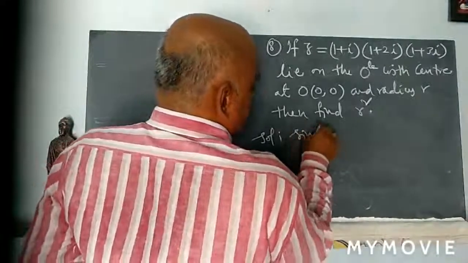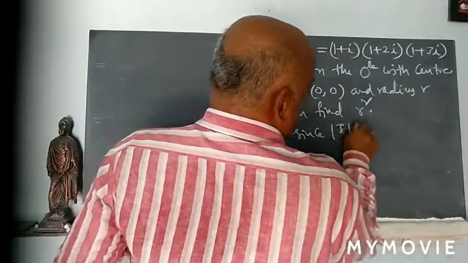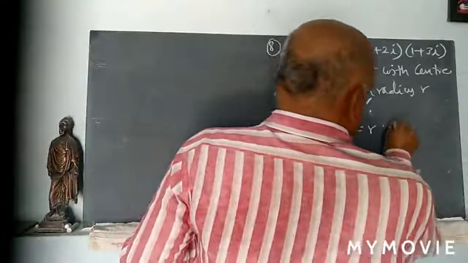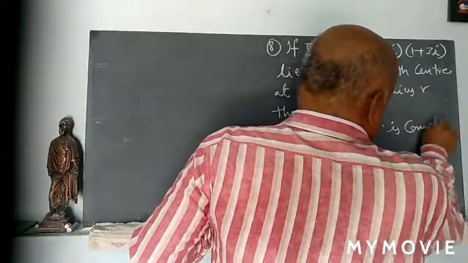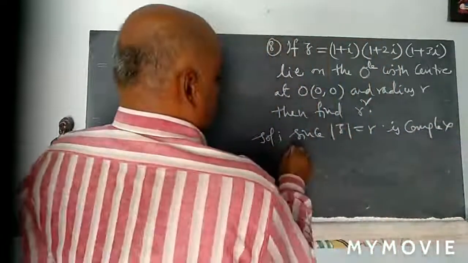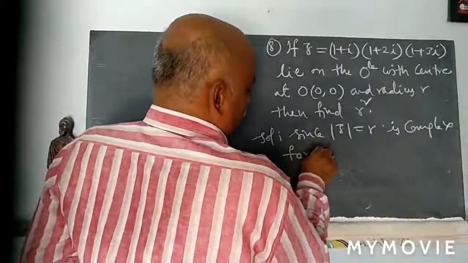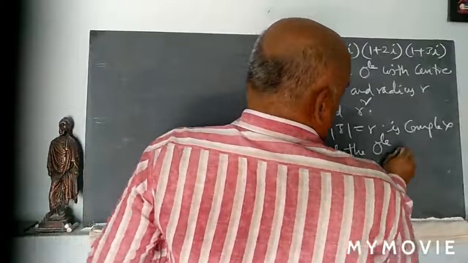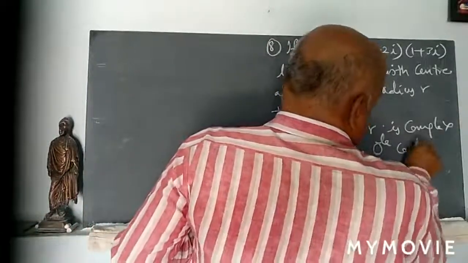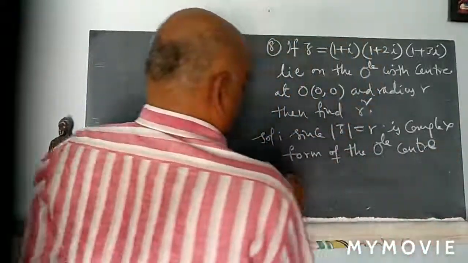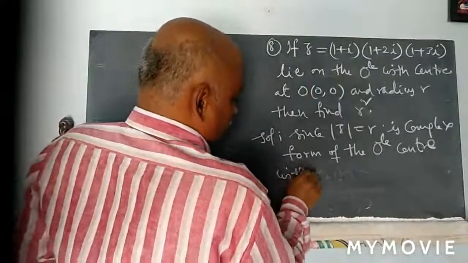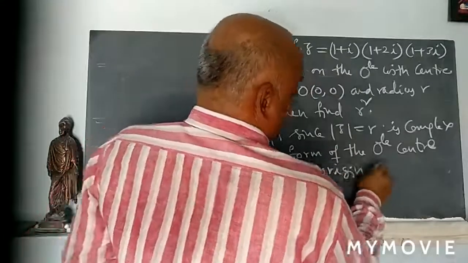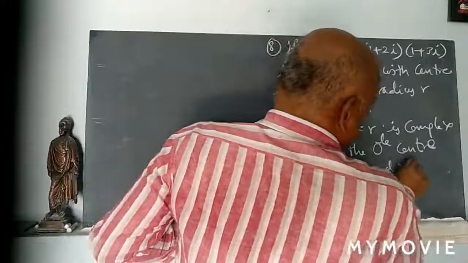Since mod z is equal to r is the complex form of the circle with center origin and radius r.